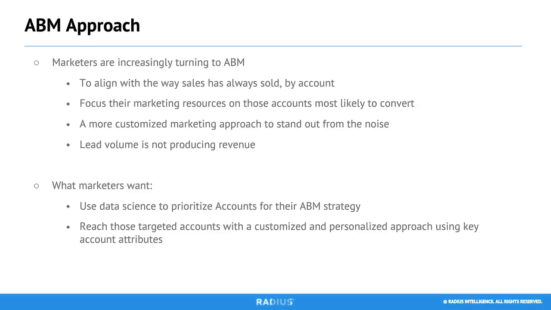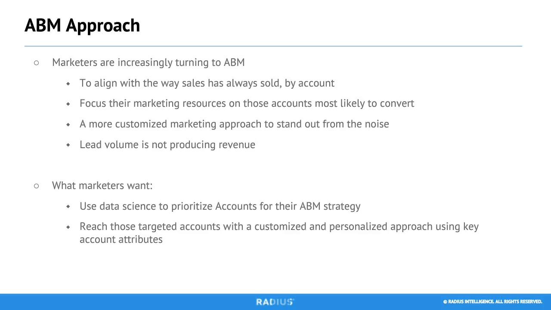So frequently we see marketers increasingly turning to ABM, and I think this has become a trend in the last couple of years as we've seen more and more of the traditional funnel approach be a disappointment to sales and marketing teams. We've seen lead volume not necessarily producing improvements in revenue.